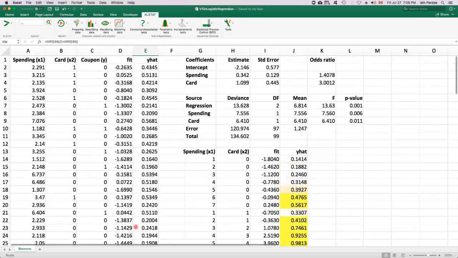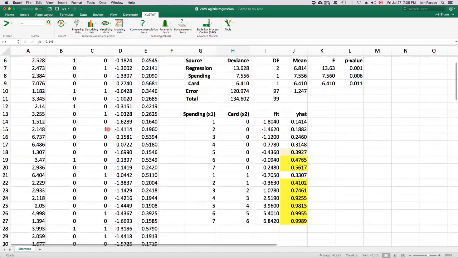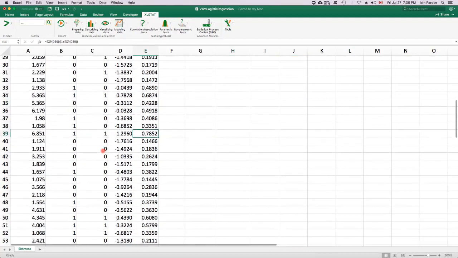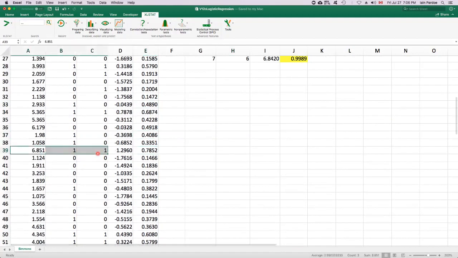So what we want to do is analyze the equation that we had, given these numbers, to see what it is about X1 and X2 that's giving us big numbers. Oh, there's a really big one. What is it about this customer that's giving us a big number here, versus this number right next to it, which is kind of on the low side?